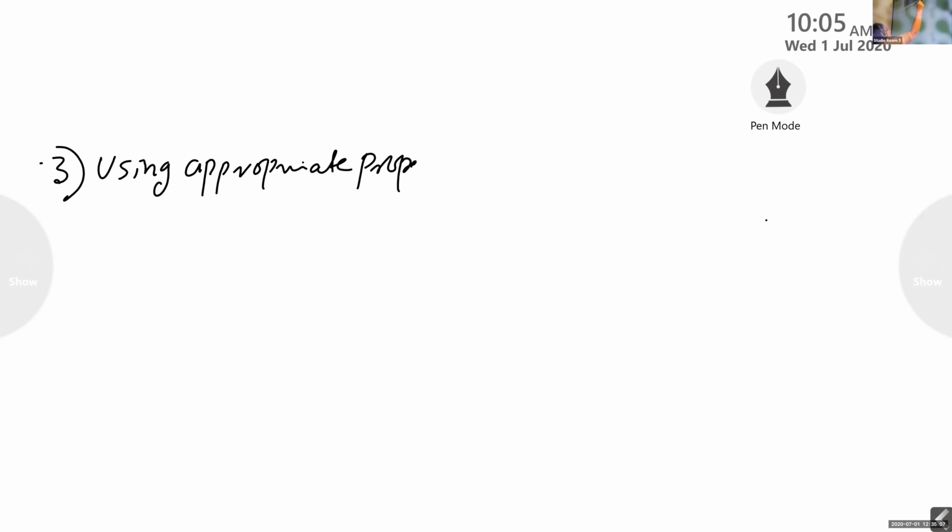Next one is, write the question. Using appropriate properties, find.